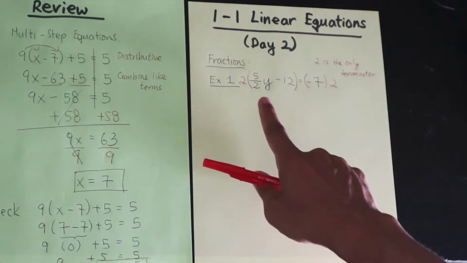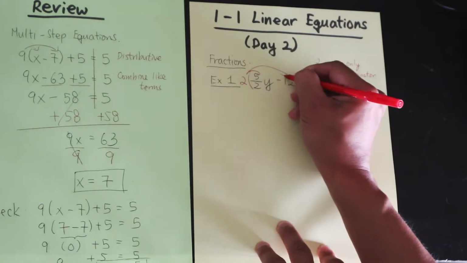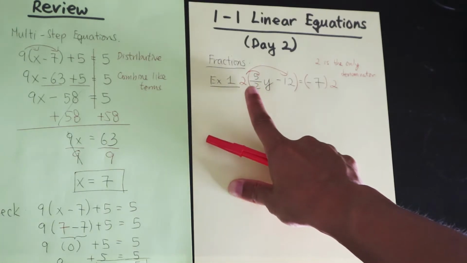Now if you want to find out what 2 multiplied by this is, you're going to distribute. Once you multiply both sides by the number in the denominator, you're going to distribute.